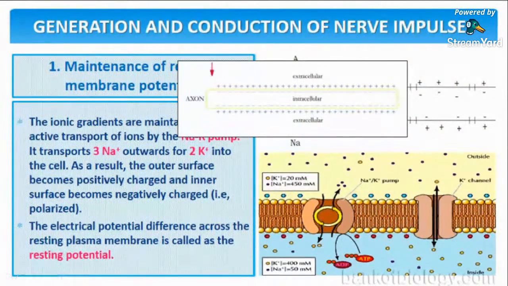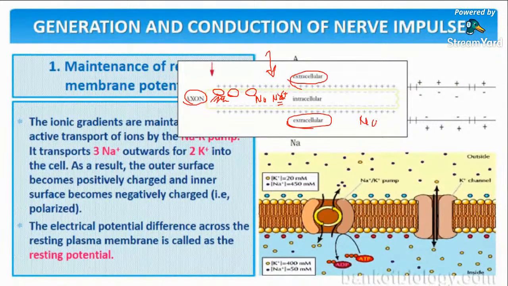This is actually the image: if this is the axon, the axoplasm becomes negatively charged because no sodium atoms are present, while the outer extracellular matrix is positively charged because sodium ions are present in a tremendous amount. So the ionic gradient is maintained by active transport.